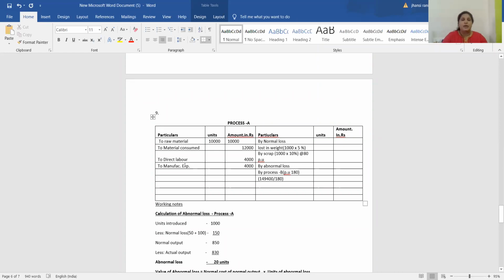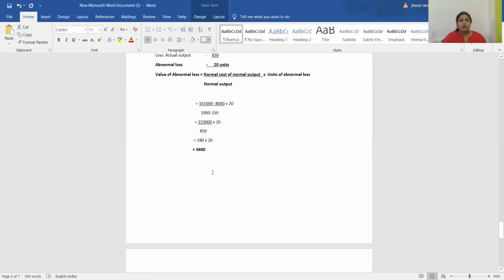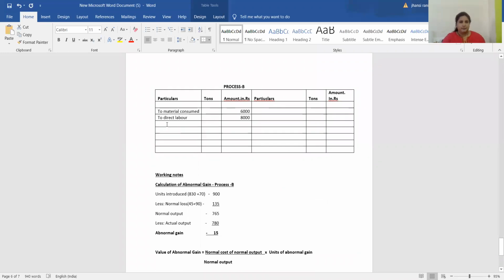They have given manufacturing expenses for process B also, so in the process B account we write 4,000 as well.